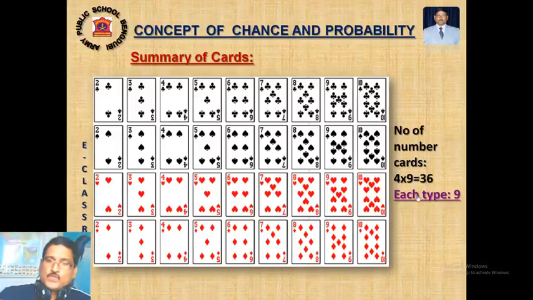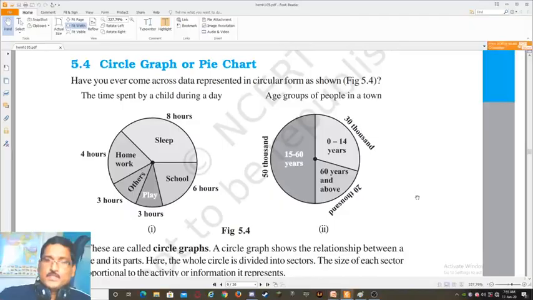So now I will solve some of your textbook questions. Let's see the pie chart. Here you see a child, whatever the information is given during a day. I have already done it. How he is utilizing 24 hours has been shown in the pie chart. Only the activities have been written, but the degree is not mentioned.